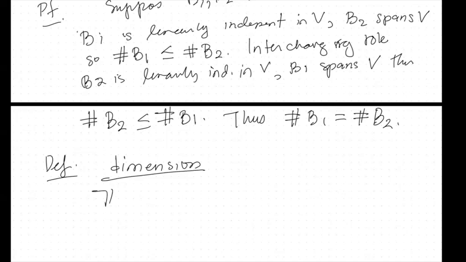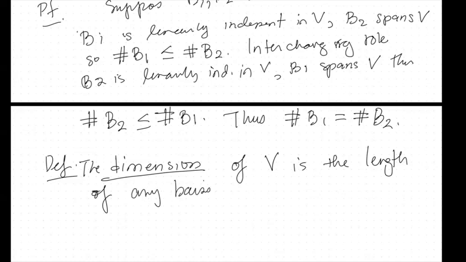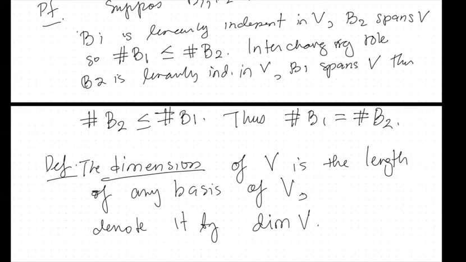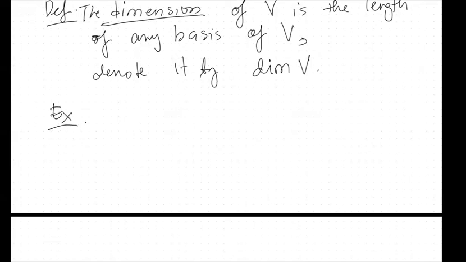The dimension of V is the length or the cardinality of any basis of V. And then we denote it by dim V.